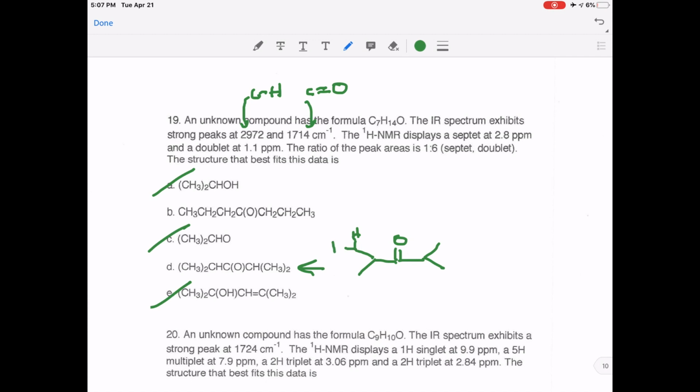I'm just going to add the protons as well, so it'll be easier to interpret the NMR data. And for this compound as well.